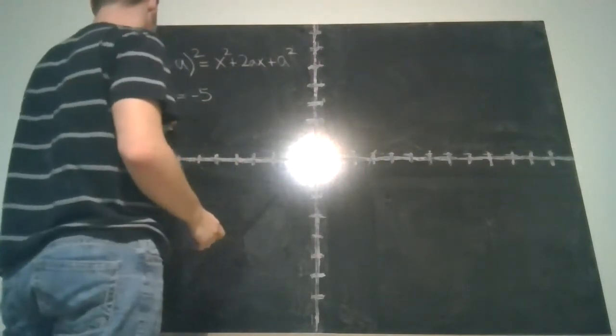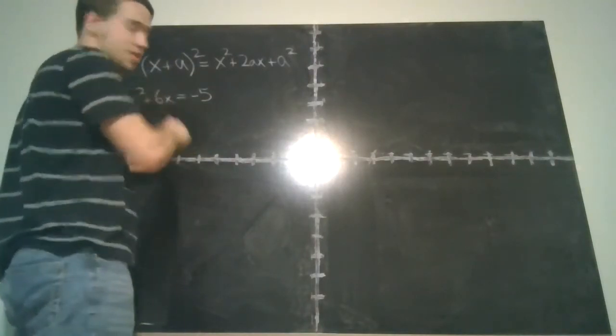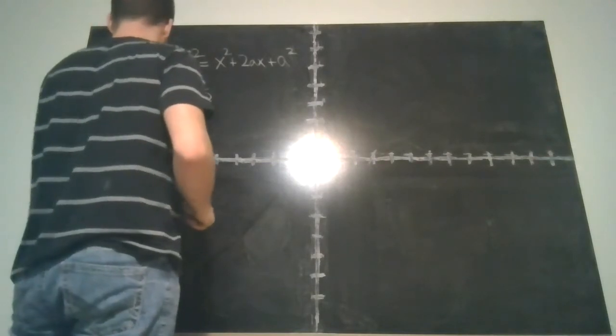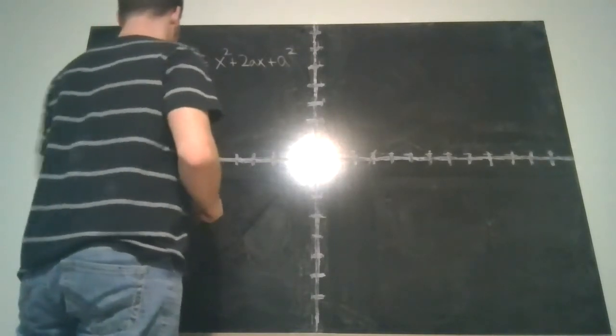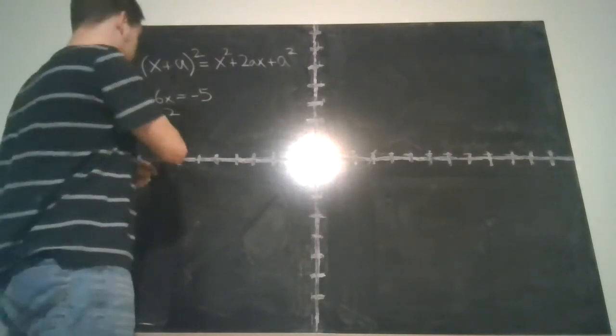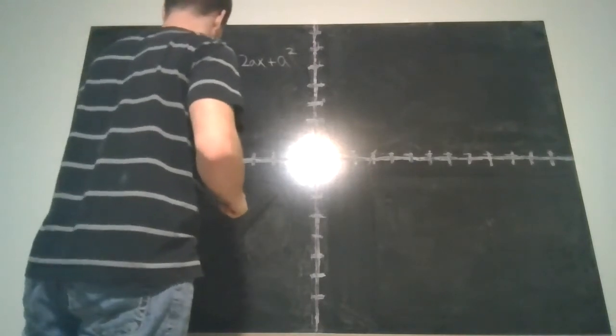So we know that since this 6 right here is 2 times 3, we can look at this as x plus 3 squared, but this is x squared plus 6x plus 3 squared, which is 9, so we take that 9 away, minus 9 equals -5.